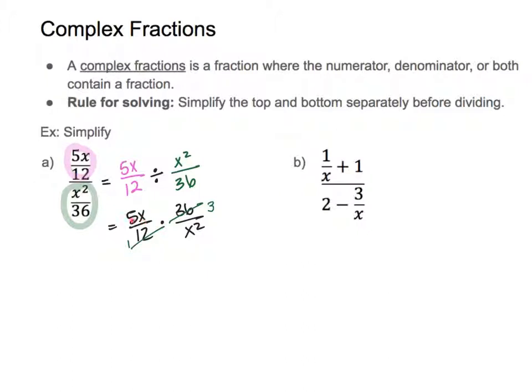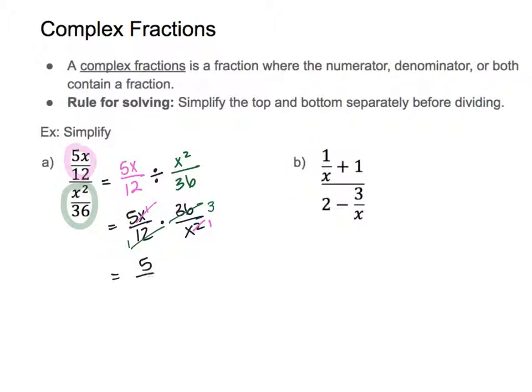Whereas in this diagonal, I have a 5x, so there's an x here, and I also have an x diagonal to it. Remember what we learned: if this x is to the first power, then I can cancel that out, because that's lower, and I would take away one x from the x squared. So that's 2 minus 1, which is just 1. So when I look at this fraction, all I'm left with is a 5, and then on the bottom, just a 1.